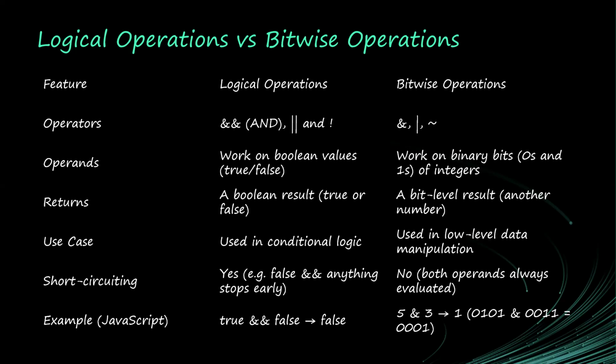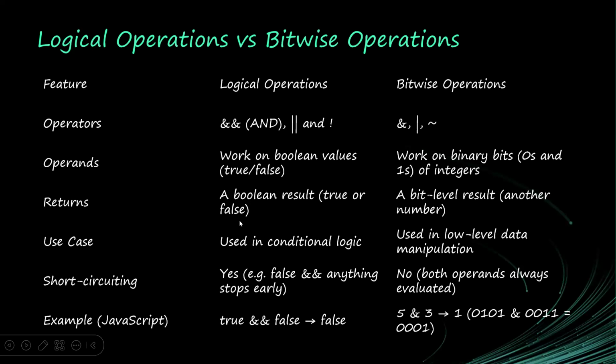But if I want to perform a logical operation on any integer, depending on the programming language, those integers can either be seen as true or false. So the operands of logical operators are Boolean values or logical variables, true or false, while the operands of bitwise operators are binary bits.